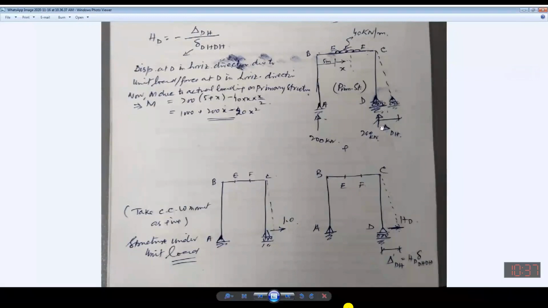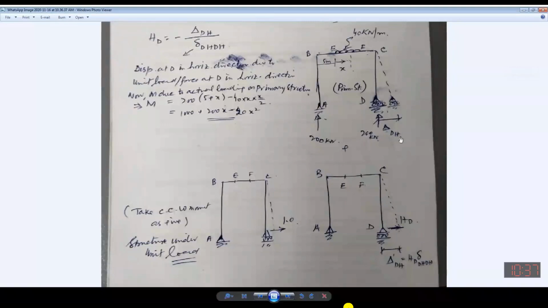I have considered it to be delta DH. It means this is the displacement at point D in the horizontal direction, due to the actual applied load, plus the redundant force I have also applied in the same direction. Intentionally, this has been applied in the horizontal direction.